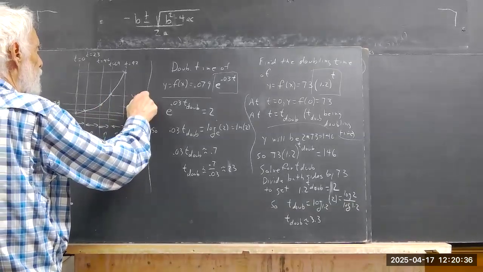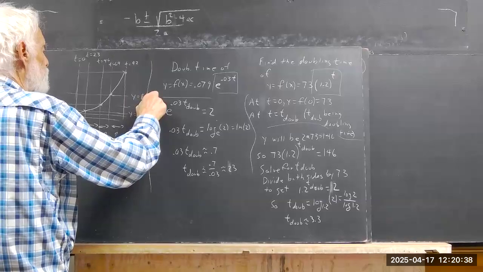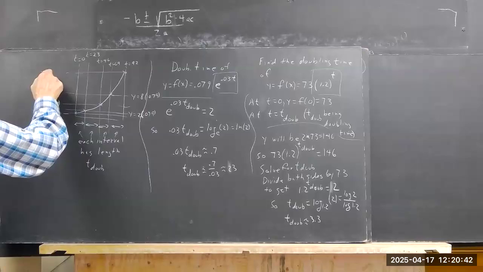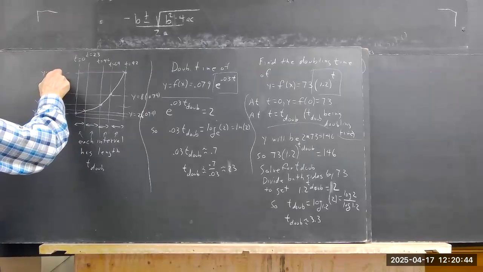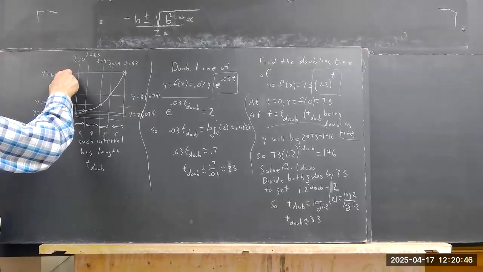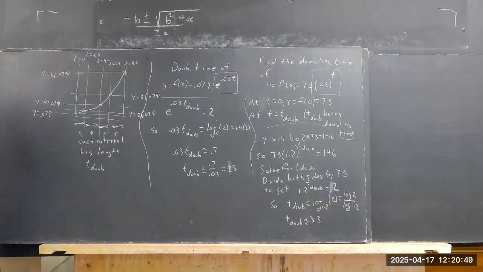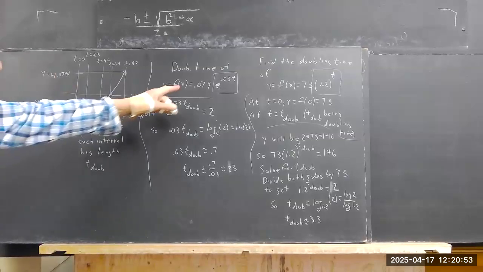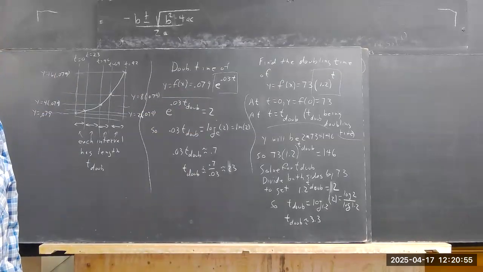And here y equals 8 times 0.079. And here y equals 16 times 0.079. And if you get these numbers, you have a scale graph that shows you this function.